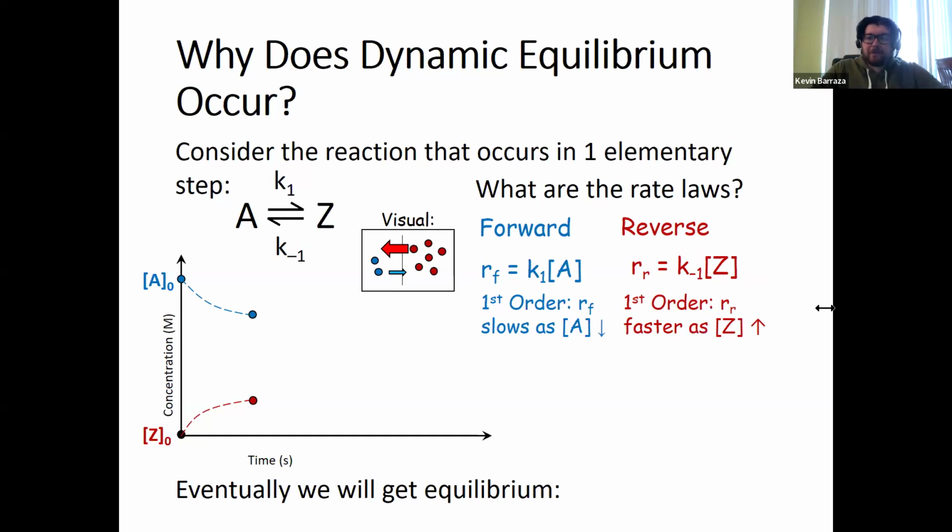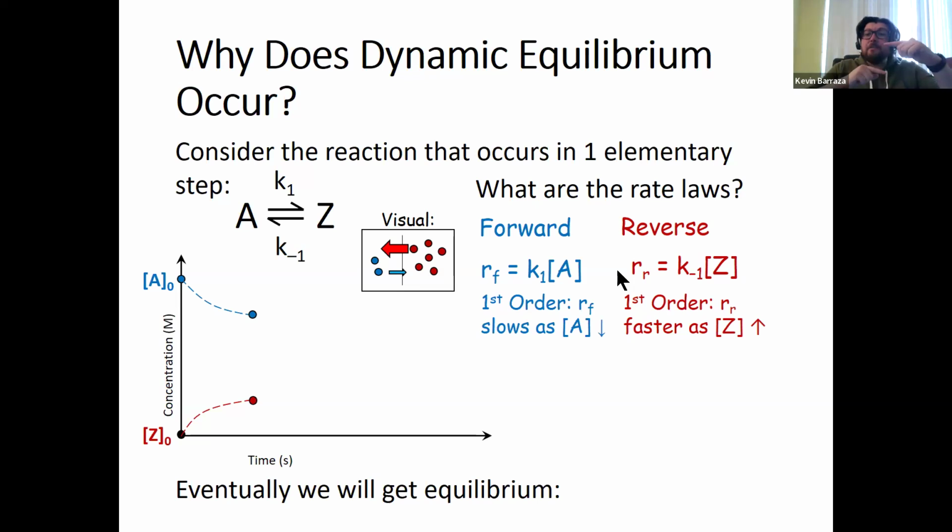So what we have here for a reversible reaction, we start with a beaker of A. It's going to start quickly using up my A to go forward, and we're going to make product. But then, since this is a reversible reaction, as I start accumulating more and more Z's, which is what this picture is showing, then for the reverse process by first order, the more Z's I have, the more it will probabilistically go backwards.